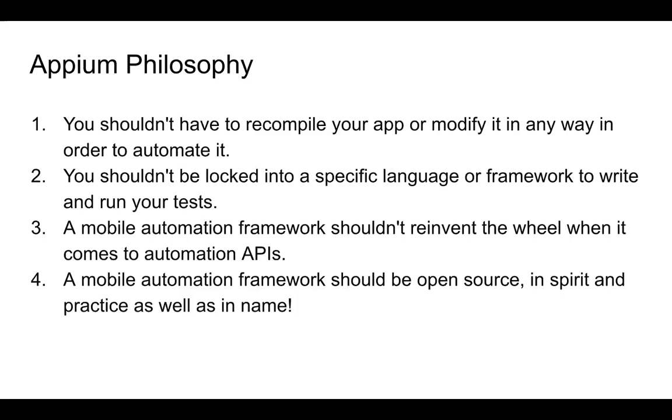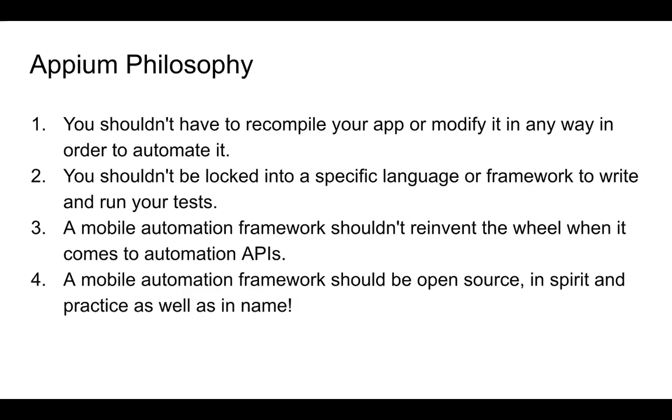Okay. And the second one: you should not be locked into a specific language or framework to write and run your tests. This is another philosophy, so it created a REST API. With the REST API, you can use the command line, Postman, or your own language. Suppose you want to write your test in some language for which the client library is not currently available in Appium's official language bindings.